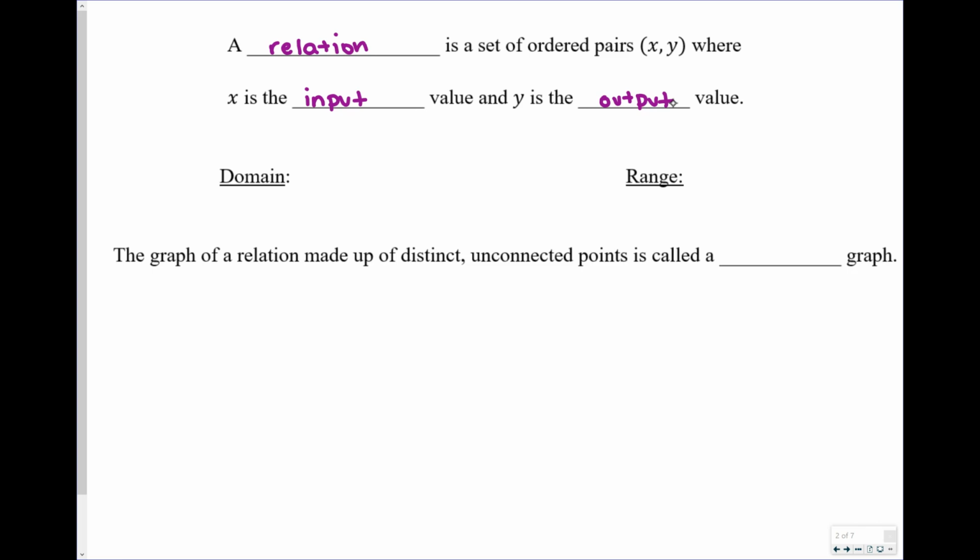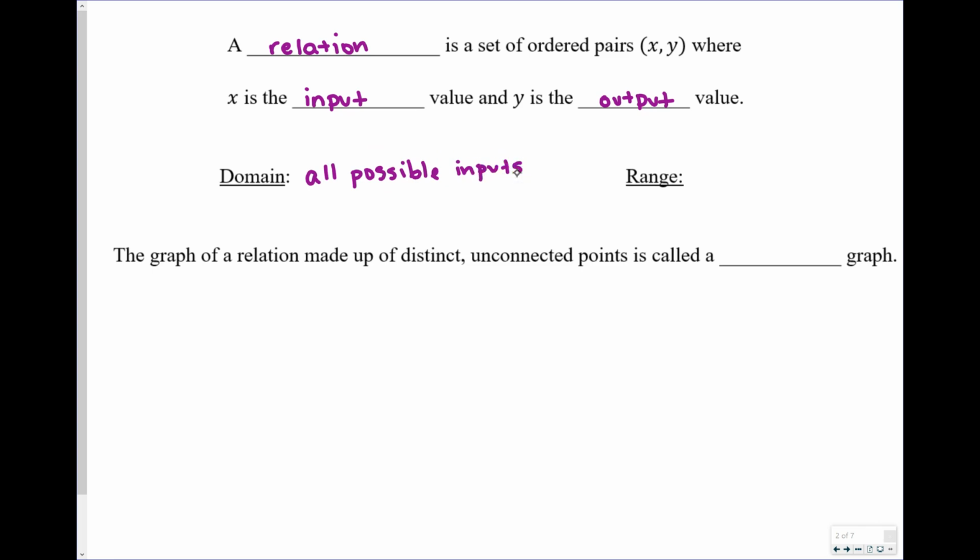We also have two other things that I want to talk about in terms of relationships. We're going to talk about relationships in terms of just two things, X's and Y's. X's are always the inputs, and X's are also typically called the domain. The domain is all possible inputs.